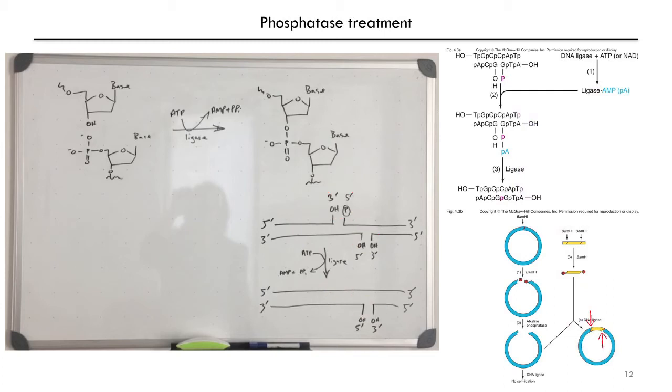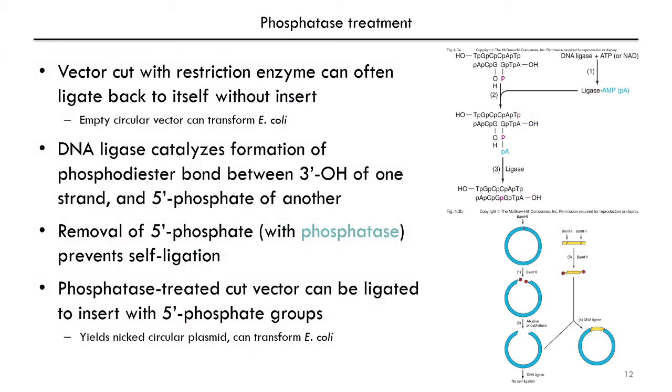This happens on both ends of the DNA that is being inserted into the vector. That will keep the plasmid together, and it can be used to transform E. coli, and the bacteria will repair the nick intracellularly. In this way, you can prevent your cells from being transformed by empty vectors with no inserts, and favor the transformation with a vector that has a DNA insert cloned into it.